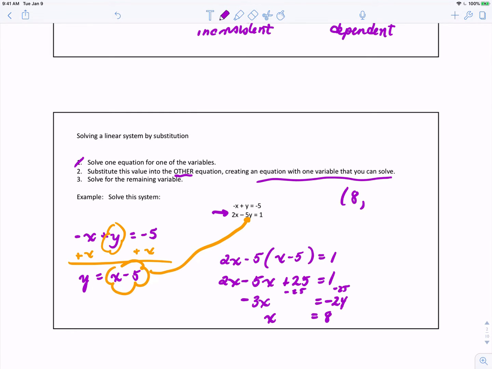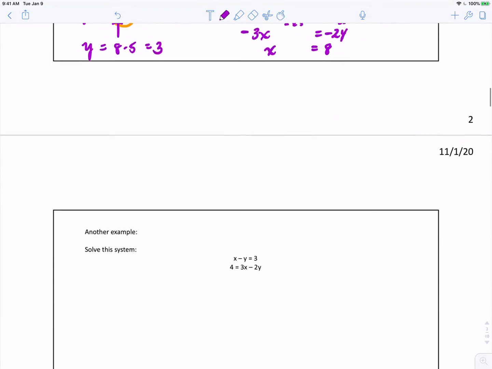We can put 8 in for x anywhere we see it, but the easiest place is right here. So y is equal to 8 minus 5, or in other words, y is equal to 3. So this system has one solution: x is equal to 8, y is equal to 3. In other words, if we were to graph these lines, they would intersect at the point (8, 3).